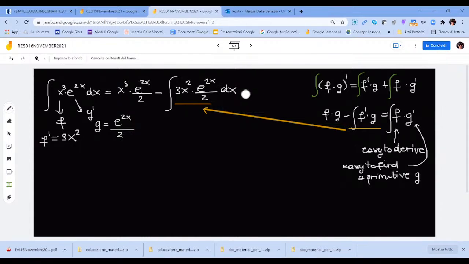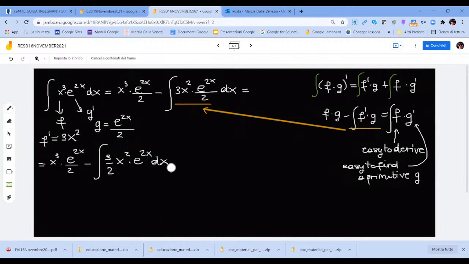So what is the matter now? We rewrite this integral. We have x to the third, e to the 2x divided by 2, minus 3 divided by 2, which we can take outside or leave in the integral, 3 halves times x squared times e to the 2x.